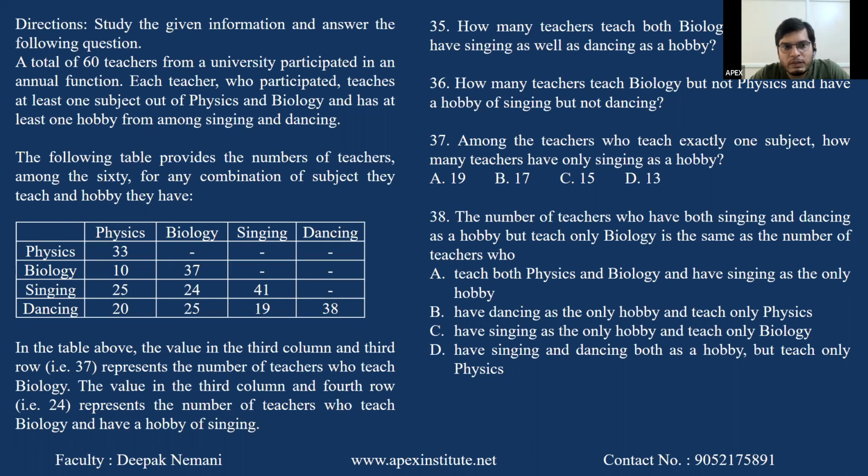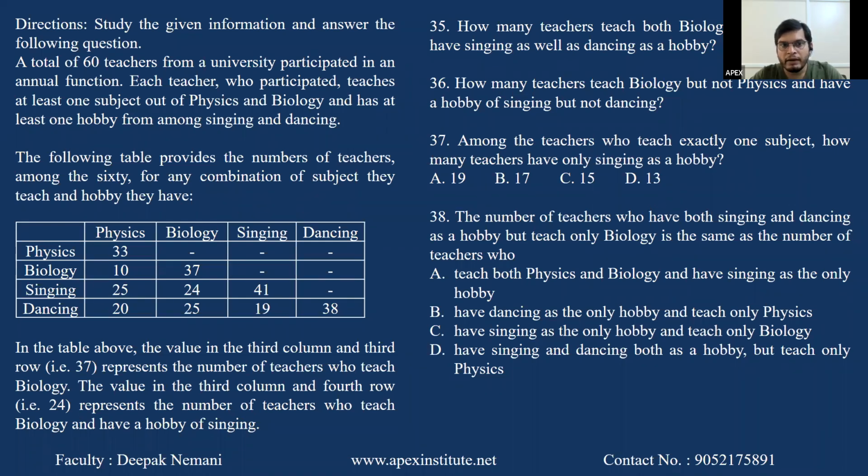In the table above, the value in the third column and third row, that is 37, represents the number of teachers who teach biology. And the value in the third column and fourth row, 24, represents the number of teachers who teach biology and have a hobby of singing. So here you can have teachers teaching physics and having hobby as singing or dancing. Same for biology, and you can also have some teachers who teach both physics and biology and who can also sing and dance as well.